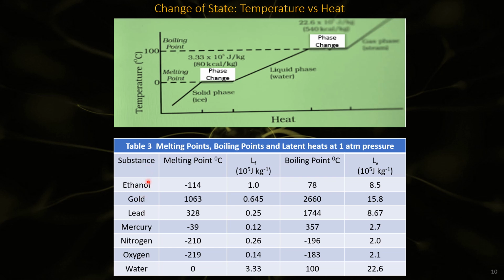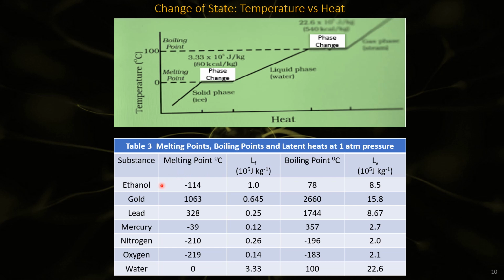For example, take ethanol. For ethanol, the melting point is minus 114 degrees Celsius, whereas the latent heat of fusion is 1.0 into 10 to the power of 5 joules per kg. This is the latent heat of fusion. The boiling point of ethanol is 78 degrees Celsius and its latent heat of vaporization is 8.5 into 10 to the power of 5 joules per kg.